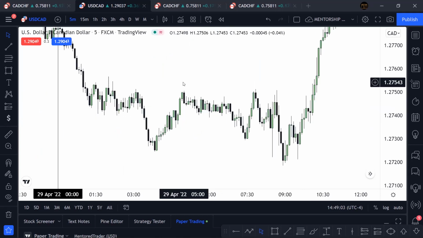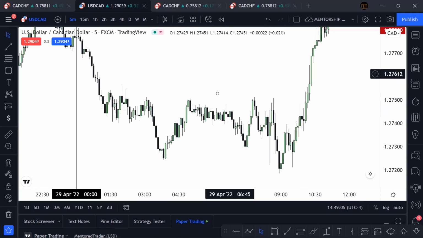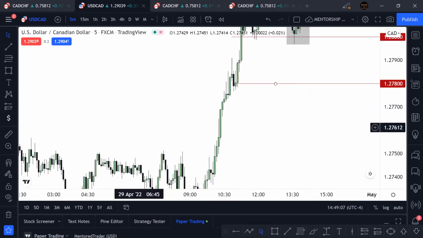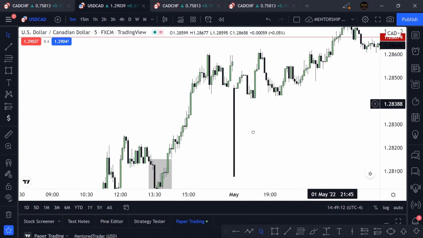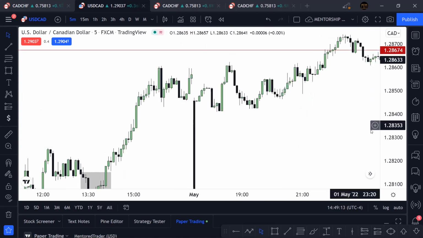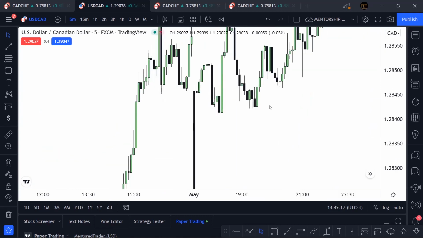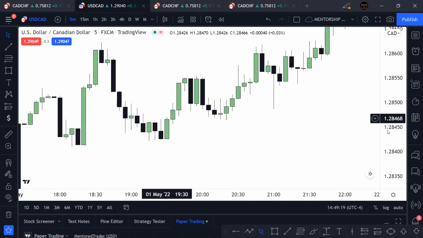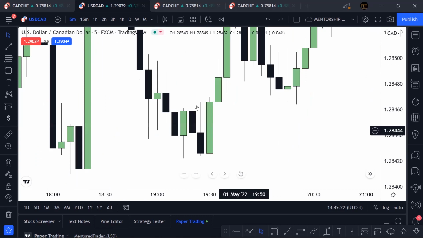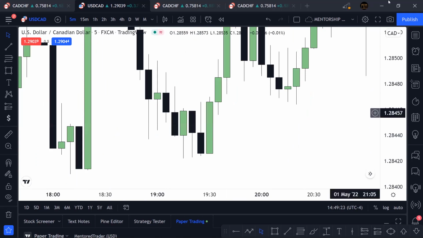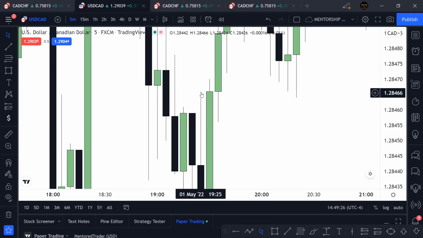How do you trade these things? I've told you so many things. Time and price matters. Okay, time and price matters. Well, price ends up forming an order block. Like we have something here. It was close to being an order block, but let's just take this.